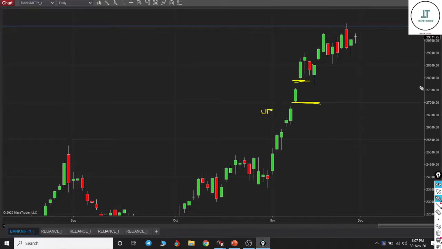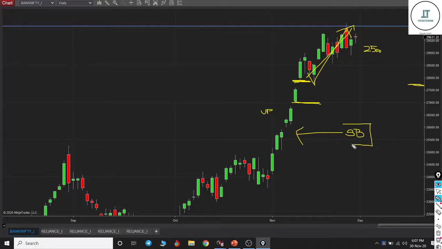From this point, 27,700 has almost shot up to 30,000, almost 2,500 plus points, as the trend was not validated and buyers have pushed the price higher. Who are these buyers? They are super bullish traders, super strong buyers who have pushed the price towards the upside.